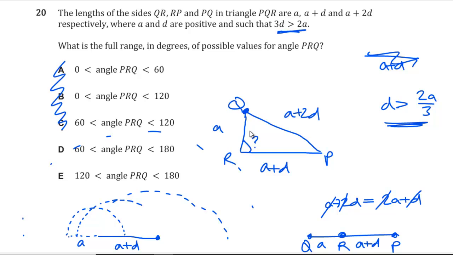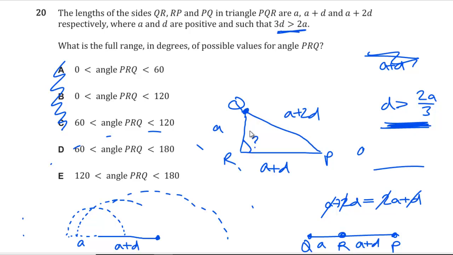And then we've got the other situation. In the other situation, we're going to have an actual triangle. It must be at the limit, where D is equal to 2A over 3. So what is that going to look like then?